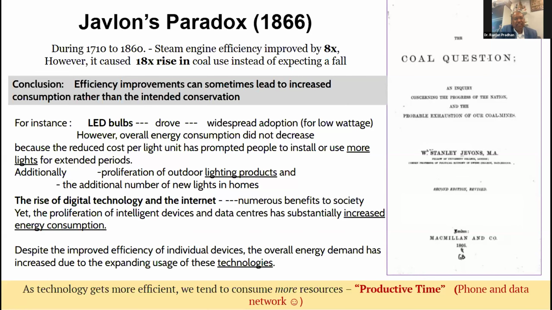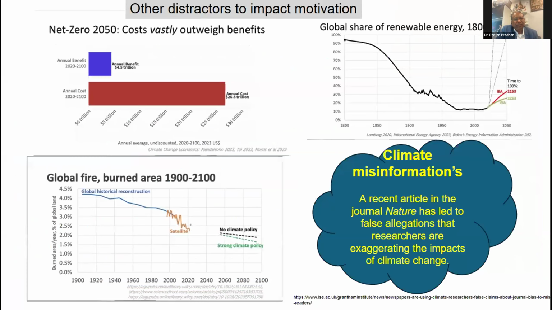And to the next slide, please. So there are other distractors that also contribute to demotivating improvements. For example, net zero. Net zero is being targeted for 2050.